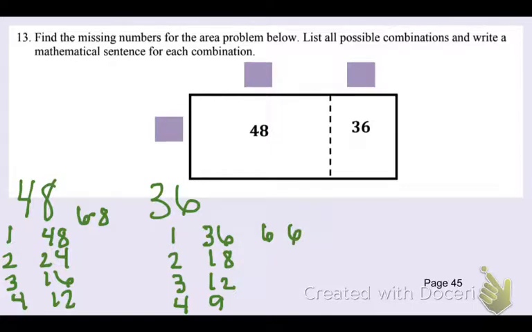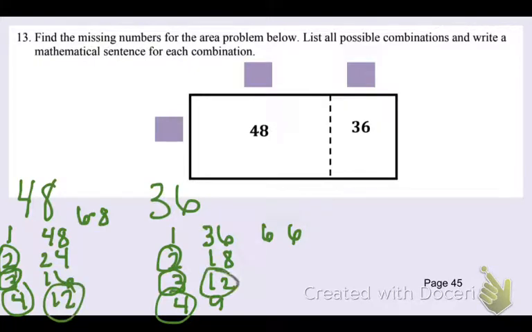All right, so if I look at all these factors, I see a lot that they share. I'll highlight them in green. They share 2, they share 3, they share 4, and they share 12. So what's the greatest common factor between these? The biggest factor that they share is 12.